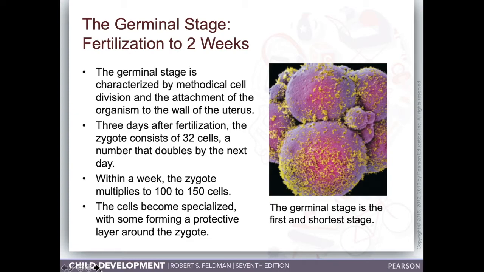A lot happens in these first 2 weeks. Within a week, you'll see the zygote multiplies from 100 to 150, and the cells become specialized, with some forming a protective layer around the zygote. It is the first and shortest stage because while a lot happens during it, a lot more happens after. Development really starts to speed up for a while after that.